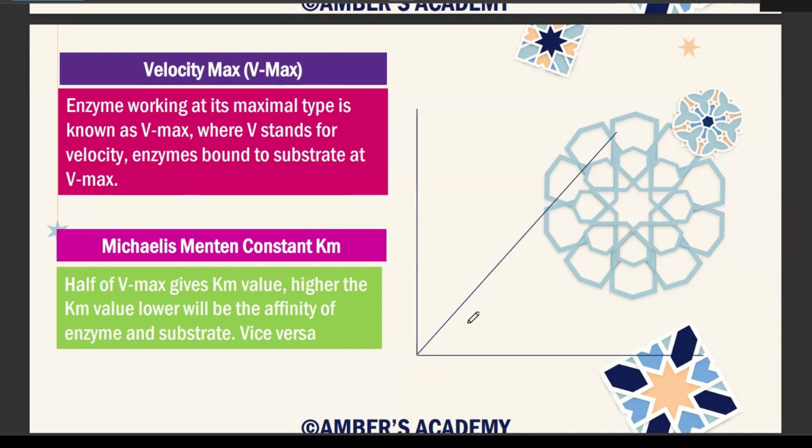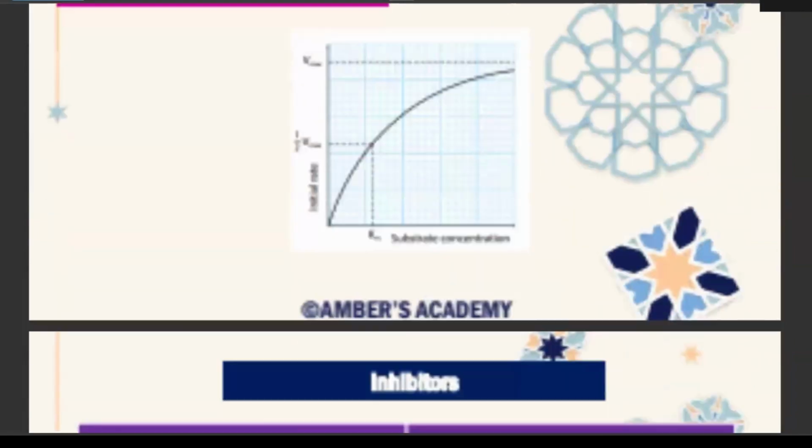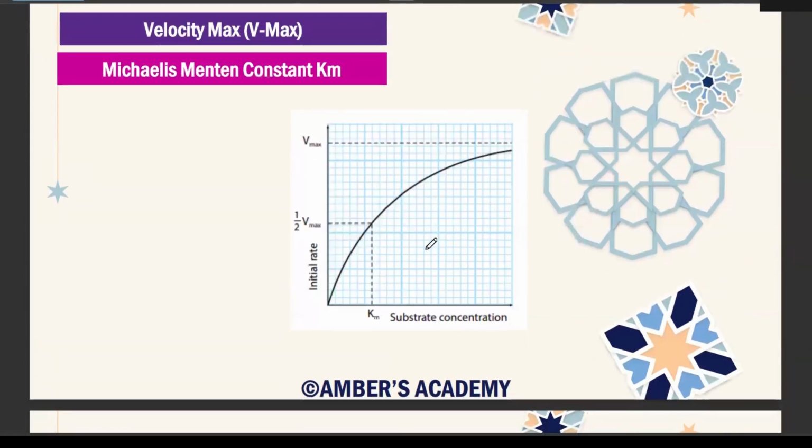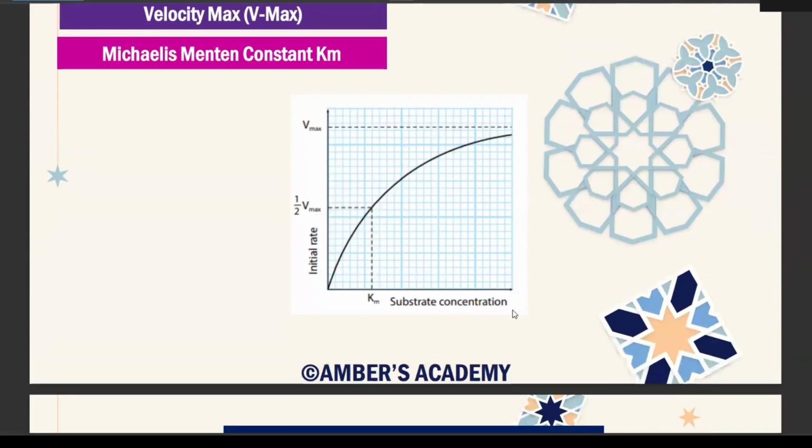I'll explain from this graph. This is a very straight line. Acha, I'm drawing another graph. This is a good picture, and this picture is of your book as well. So let's say this is your rate of reaction. This is exactly how you make graphs for any rate of reactions.